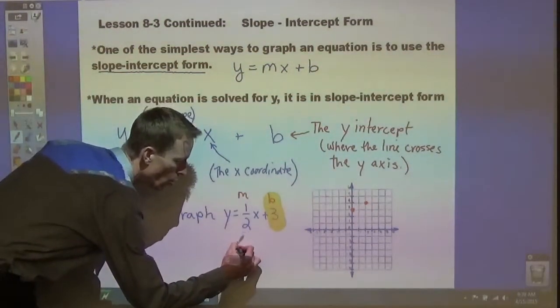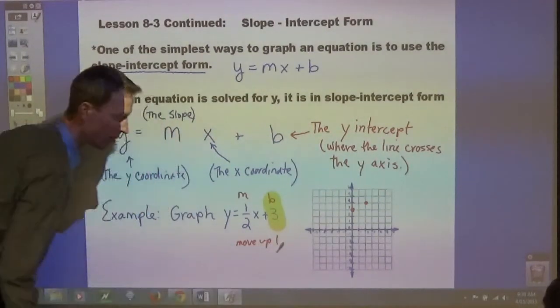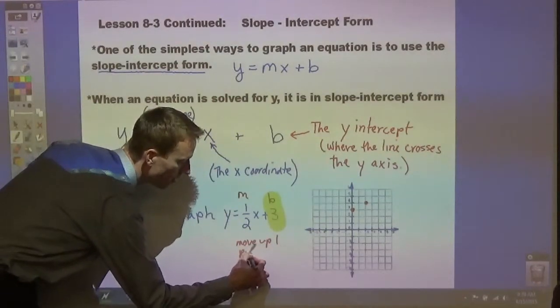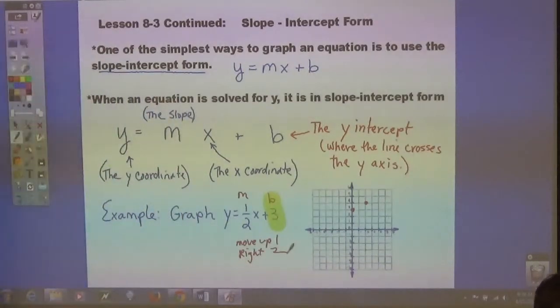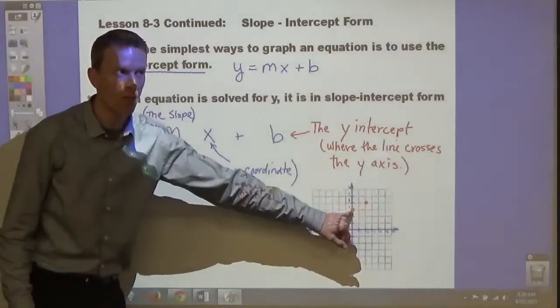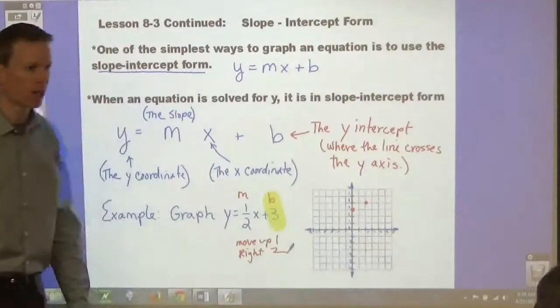So you move up 1 and then right 2. See that? From the point we marked on the y-axis, go up 1 over 2 and mark the next point.